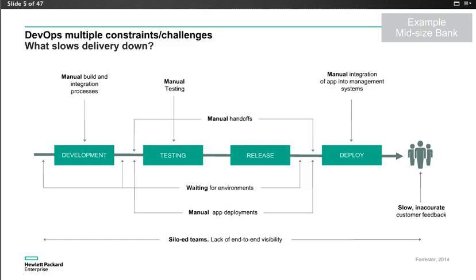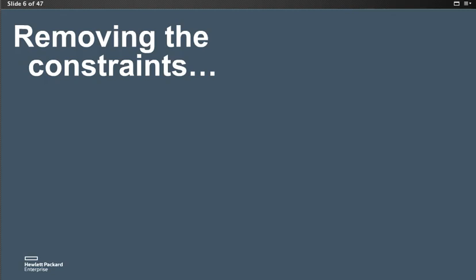And this is what business is typically complaining about, the slow time to delivery and slow response from IT. And how can we remove these constraints, how can we speed up software delivery?